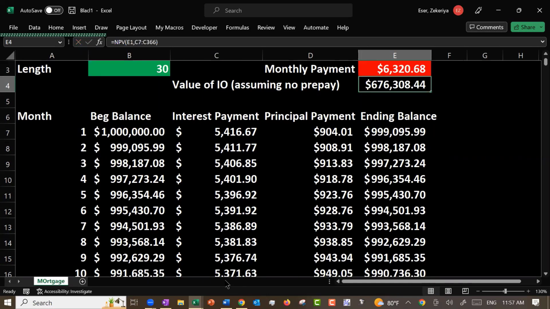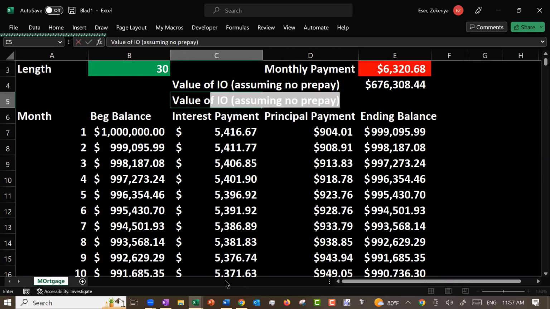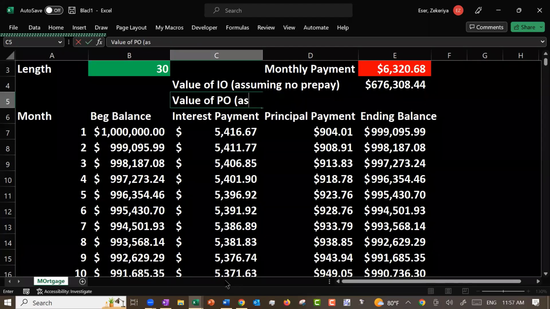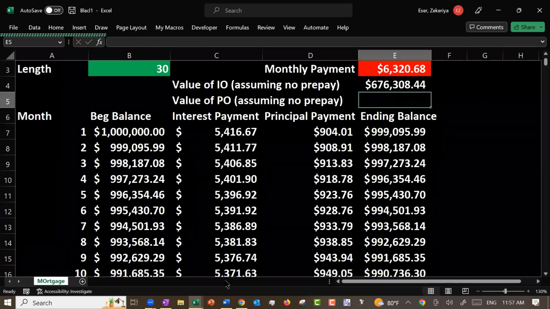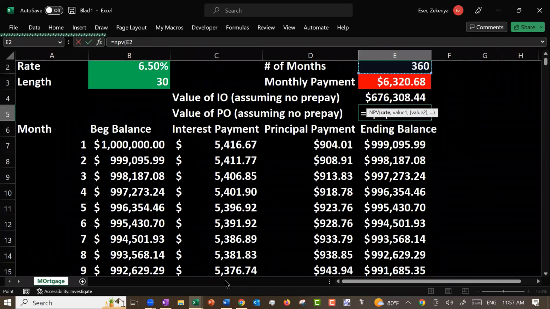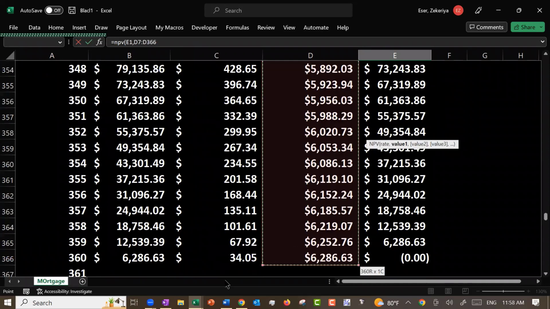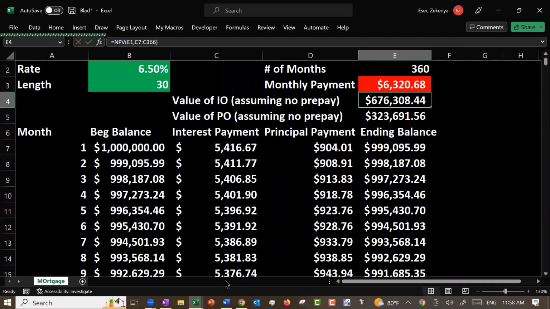So in the absence of any prepayment, the IO portion of the loan is worth this, and the PO portion is going to be worth the rest, of course. By definition, the sum of the value of IO and PO, they have to add up to $1 million.